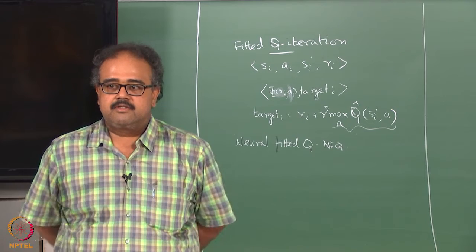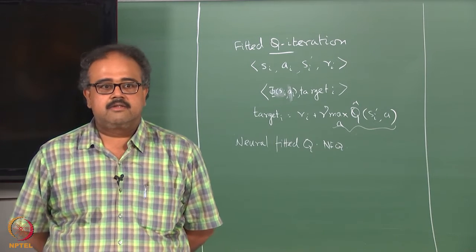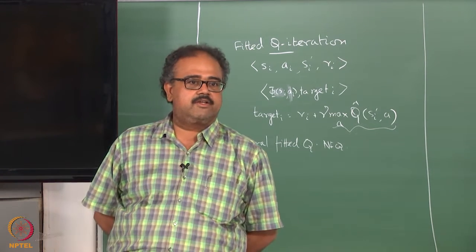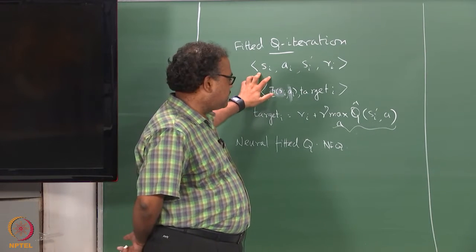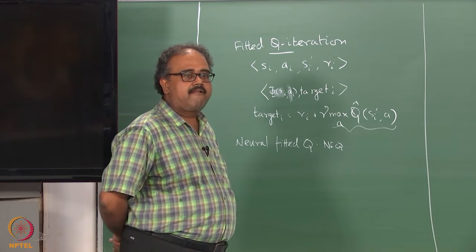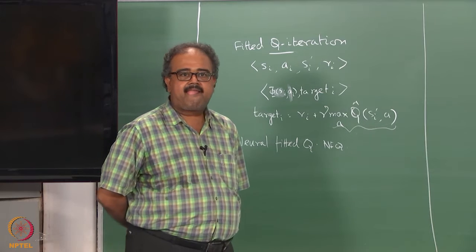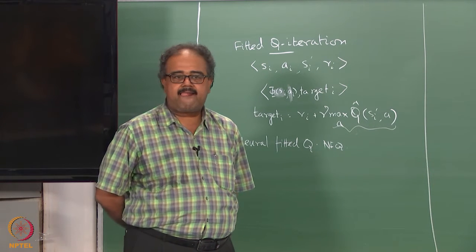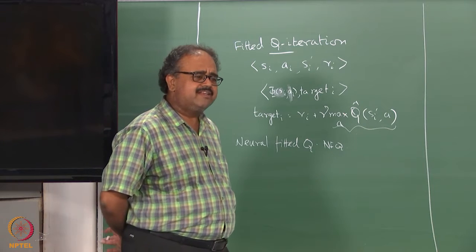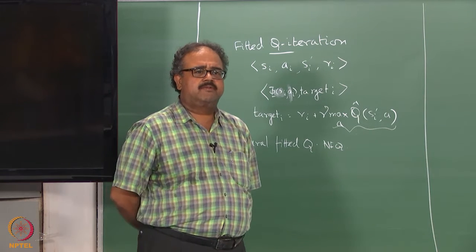What is the problem? Static data should have enough sampling. Yes, exactly. So, you should make sure that you have enough samples in the data. So, that is one problem, and another problem is in general for any function approximation. What is the other problem?